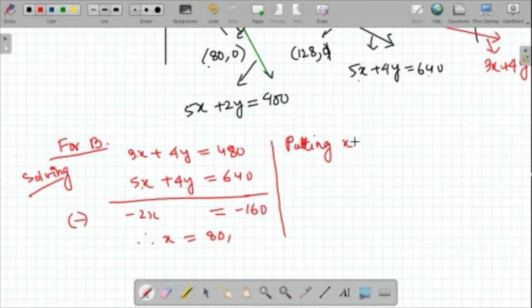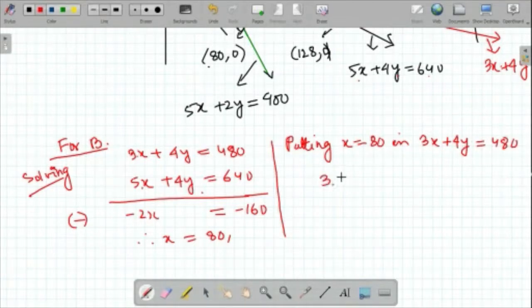Now write down, putting x equals to 80 in any of these equations. So this will be easy, right? Let's say 3x plus 4y equals to 480. So what will we get here?